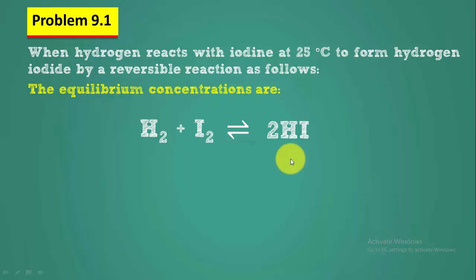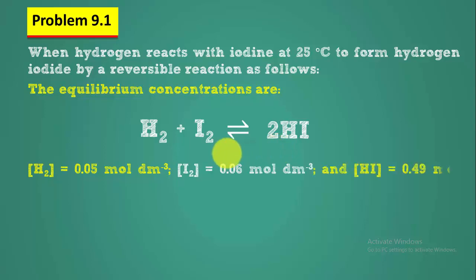So the concentrations are 0.05 mole per decimeter cube, iodine 0.06, and HI is 0.49 mole per decimeter cube. So we calculate the Kc expression for this reaction. So dear students, let's solve this numerical problem, which is very simple and very easy.